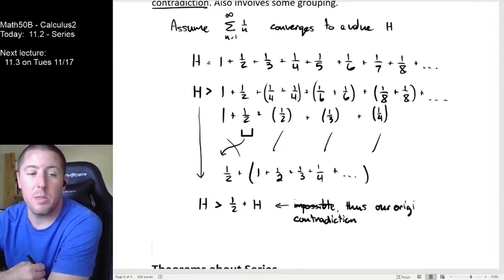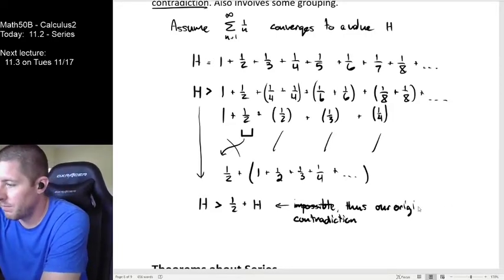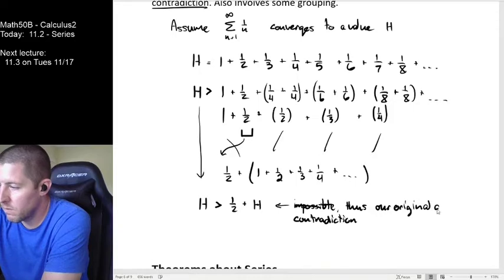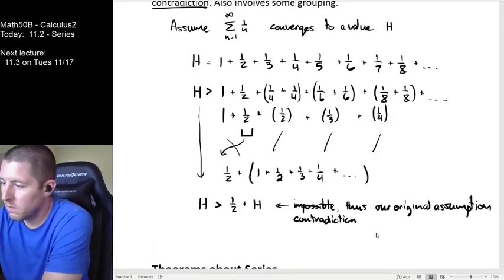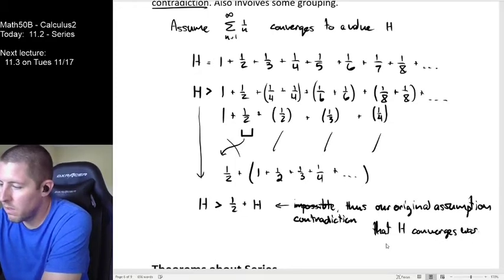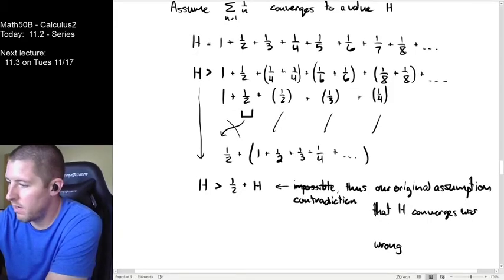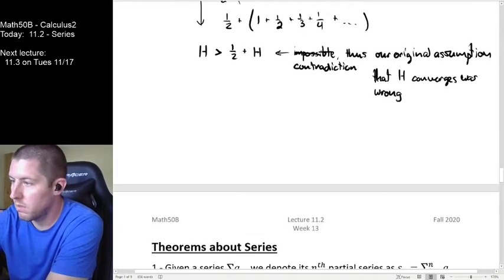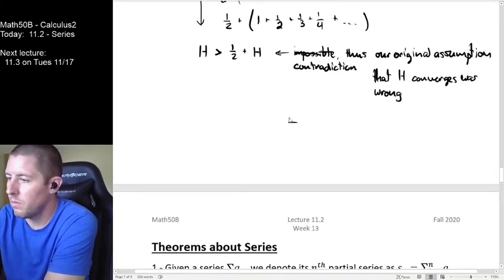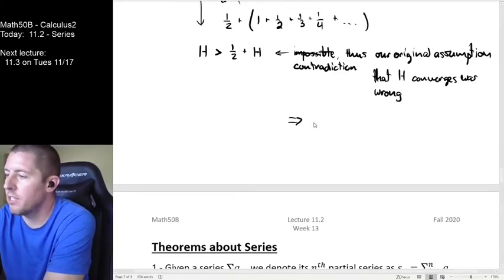And since we're in a crazy place where that can't be true, it must be the case that our assumption was wrong. And since it does not converge, it diverges.